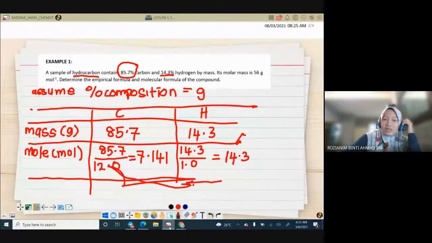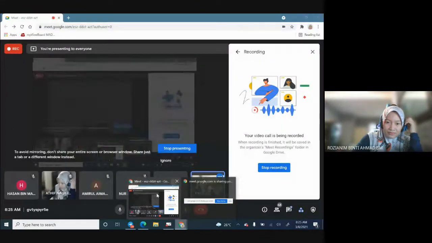Okay, so kira dulu mole ratio sekejap. Okay, habiskan mole ratio.